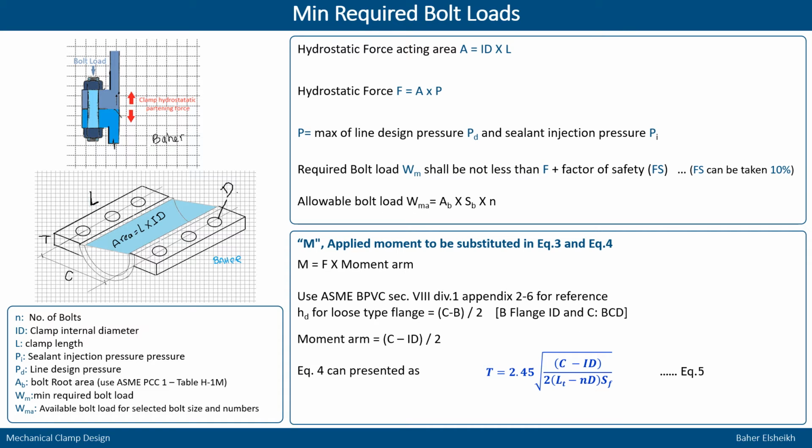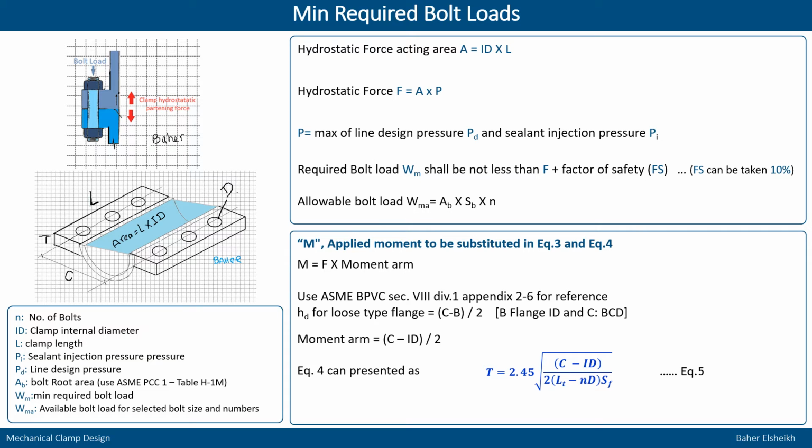Now for the minimum required bolt load, the hydrostatic force which tries to separate the two parts of the clamp will apply on the area inside the clamp, like what we can see here. So the area will be L multiplied by ID.